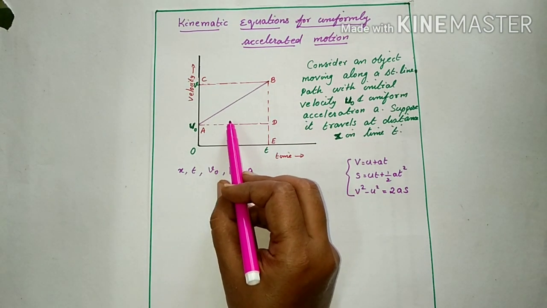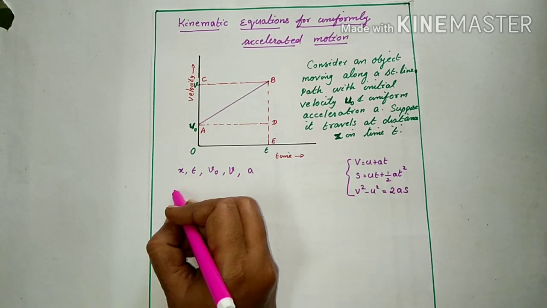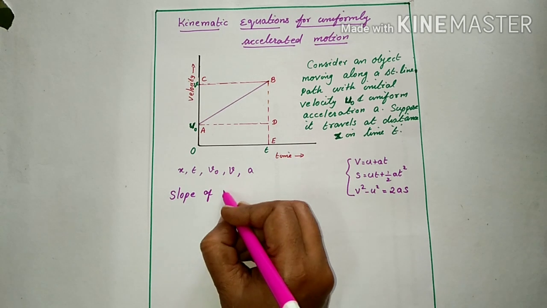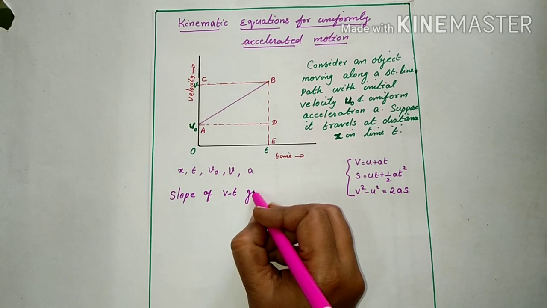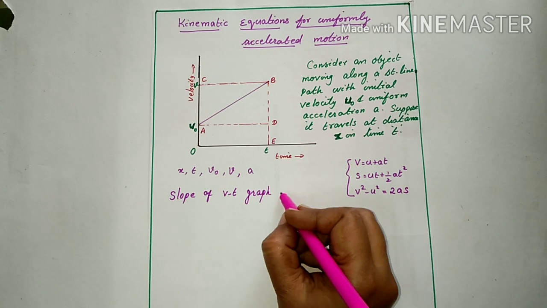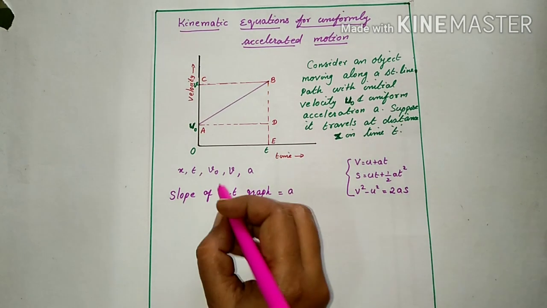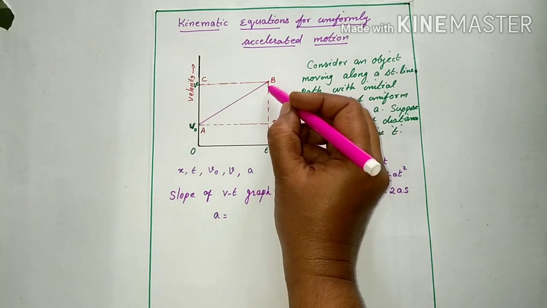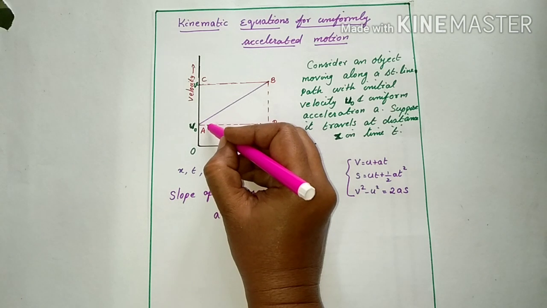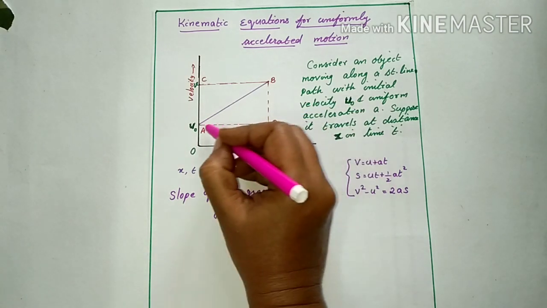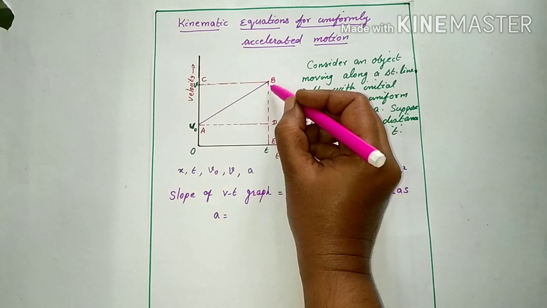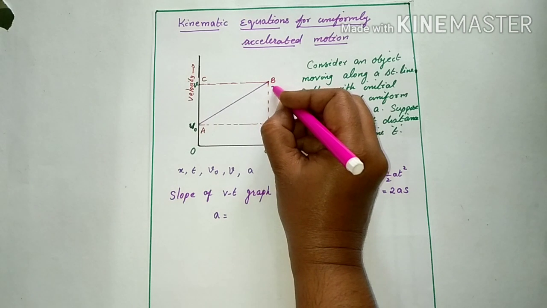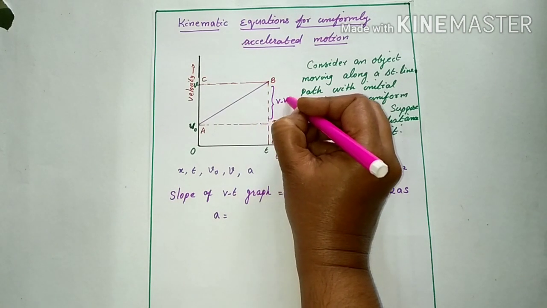For that, from the graph you know that slope of the v-t graph, which you already studied, is equal to acceleration a. So from the graph we can write acceleration a equal to, here we are taking tan theta, opposite side divided by adjacent side. What is the opposite side here? BD. What is BD? v minus v0.